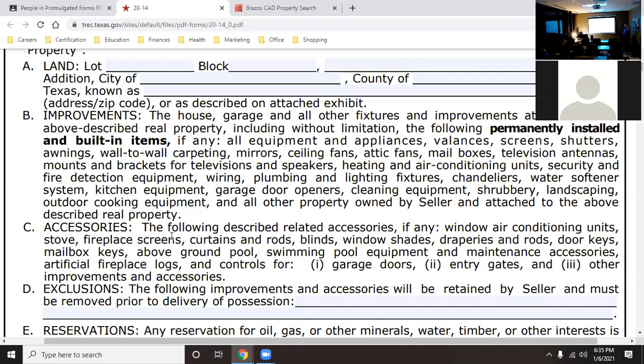It's a very nice table set. I really like what they've done with that. That's really handy. I want the table to convey with the property.